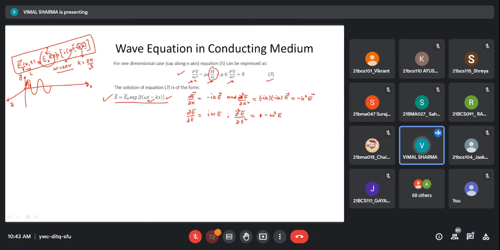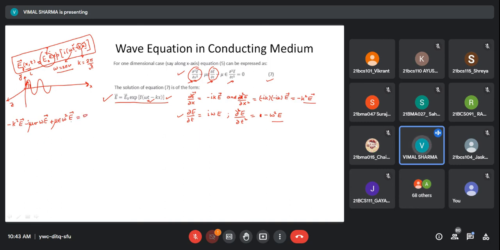The first term is the double derivative of E with respect to x, so it is minus k square E. Then there is a negative sign: negative mu sigma times the derivative of E with respect to t, which is i omega E, minus mu epsilon times the double derivative of E with respect to t, where negative and negative cancel, equals 0.